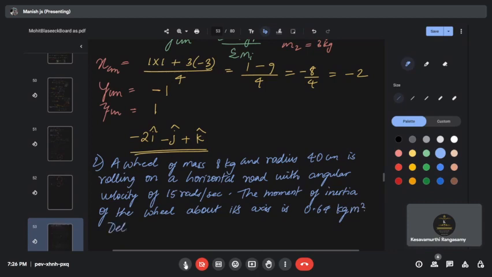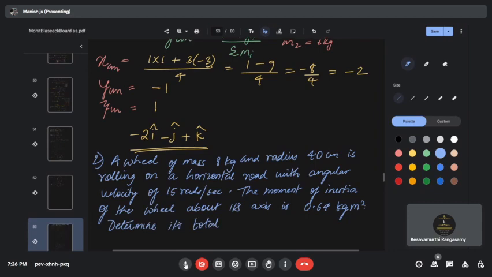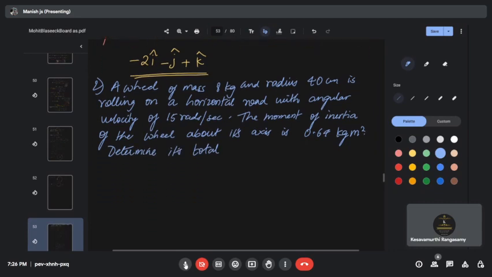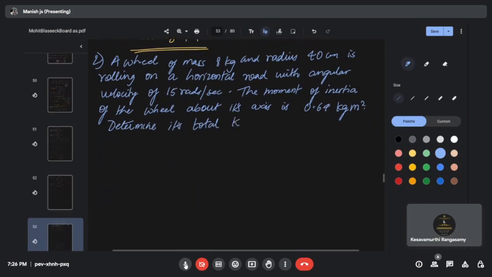Determine its total kinetic energy. So I'll give you options. Option A 288 joules, option B 216 joules, option C 72 joules, option D 144 joules.